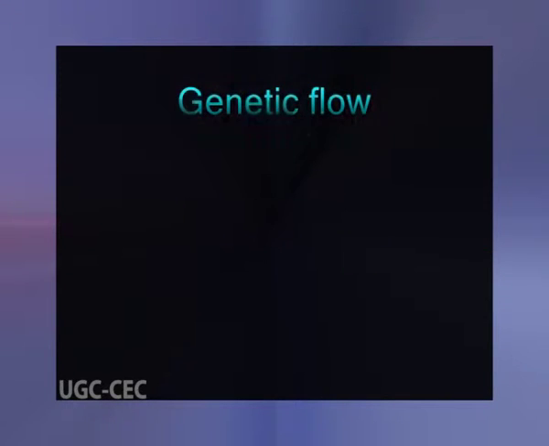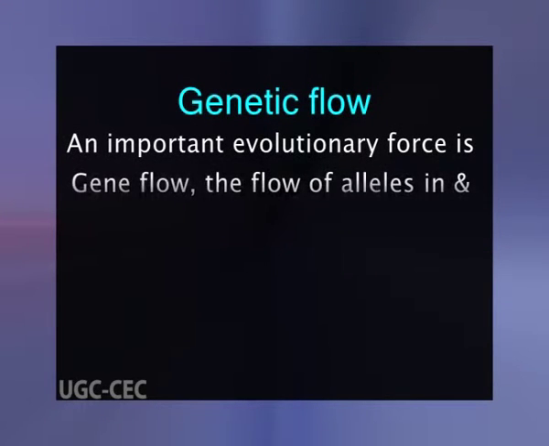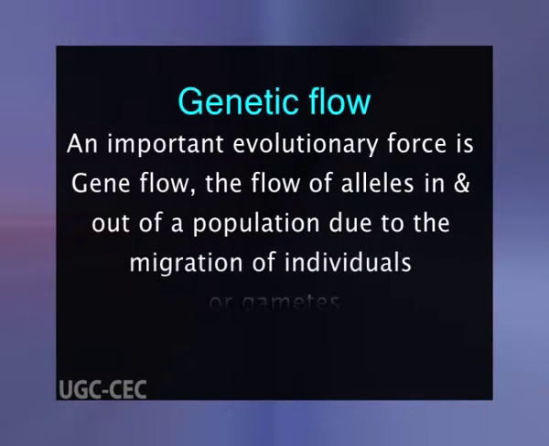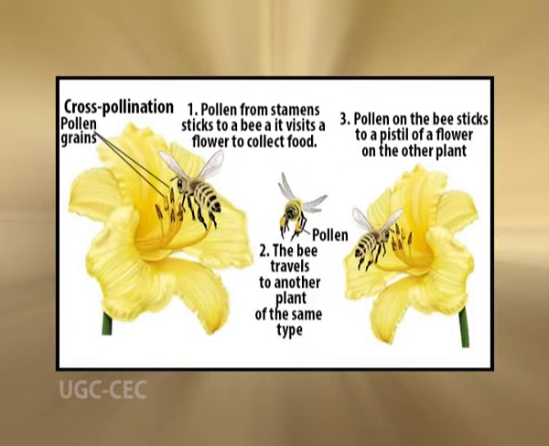An important evolutionary force is gene flow, the flow of alleles in and out of a population due to the migration of individuals or gametes. While some populations are fairly stable, others experience more movement and fluctuation. Many plants, for example, send their pollen by wind, insects or birds to pollinate other populations of the same species some distance away.